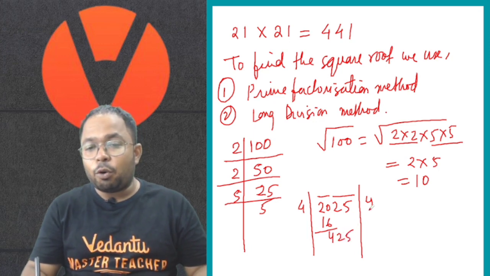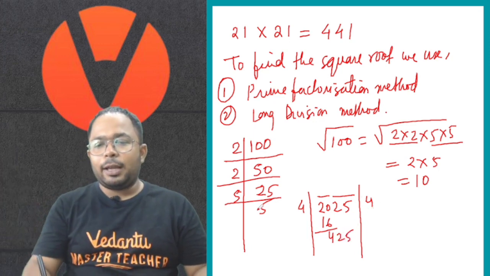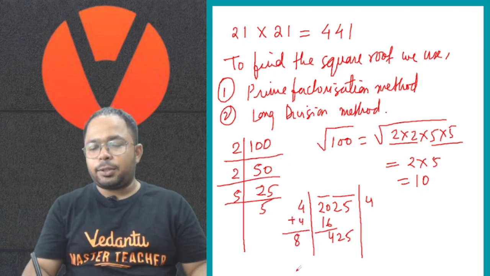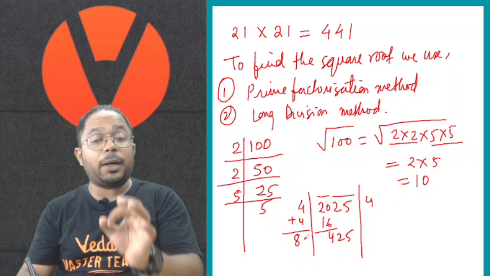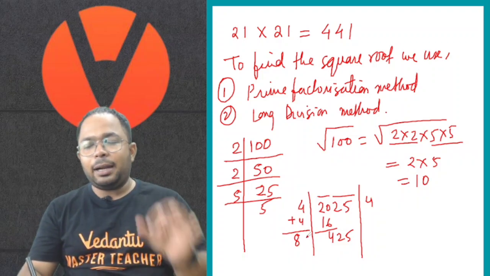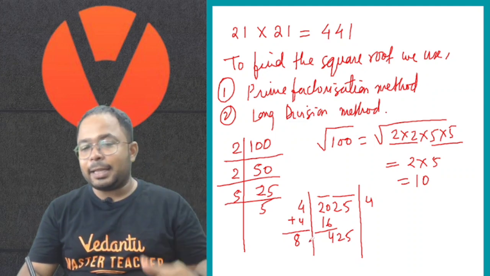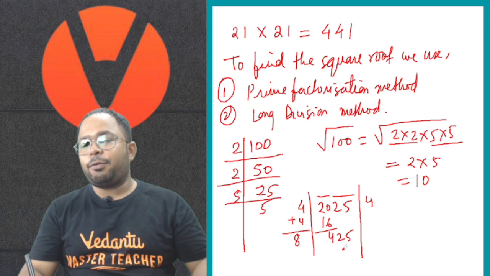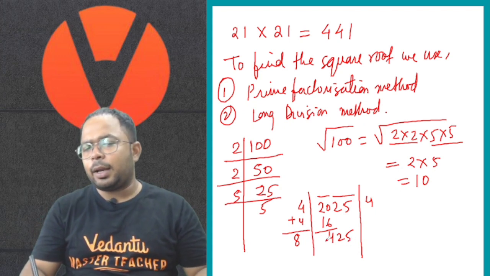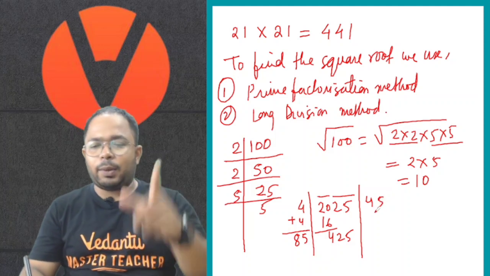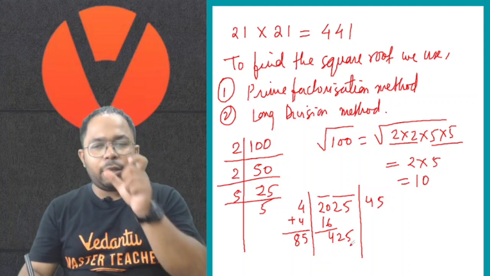Now this 4 is added here, so 4 and 4 make 8. Now we have to think of a number which can be taken beside 8, and multiplied by itself, that one digit number, so that we get 425. Now 5 is required, because 5 5s are 25. So we get the unit digit as 5.